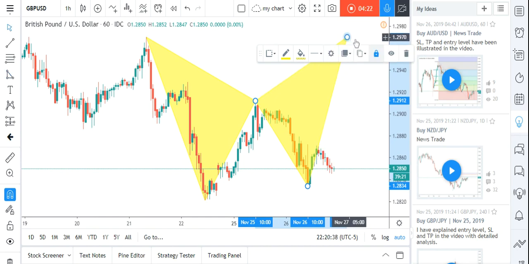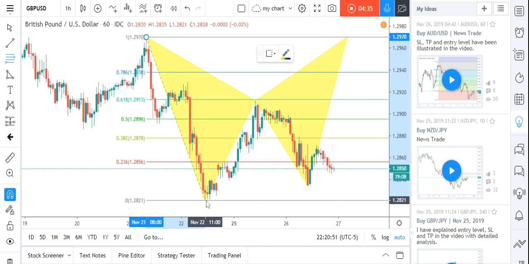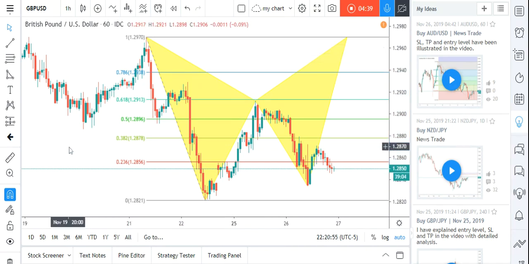And this will go to the upside. Let me now draw Fibonacci to understand where it will go. Now let me lock this. Locked.